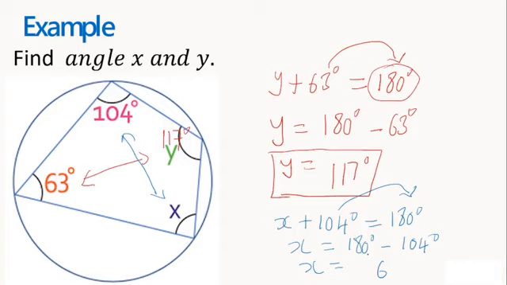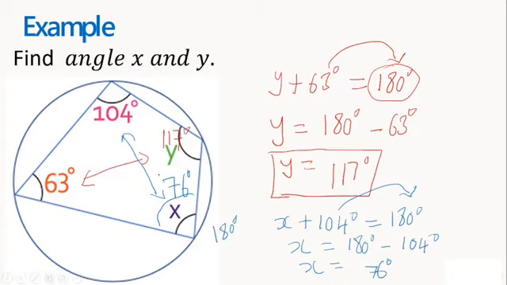So this will give us 76 degrees. Meaning that right here where there is x, there was 76 degrees. When you add 104 degrees plus 76 degrees, you get 180 degrees, because these are opposite angles of a cyclic quadrilateral, which add up to 180 degrees.